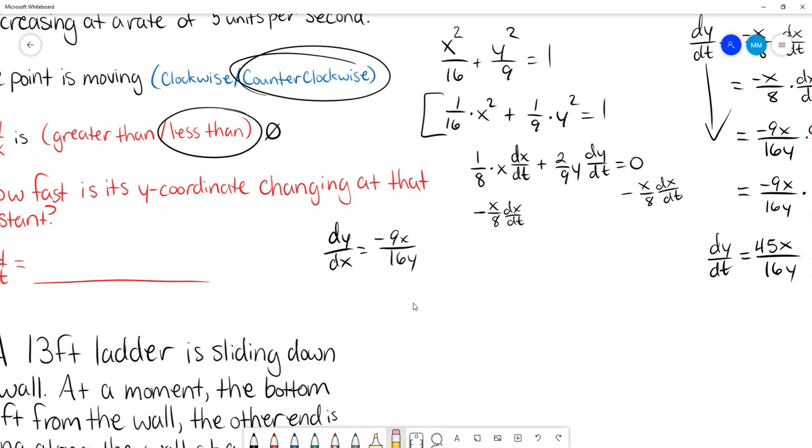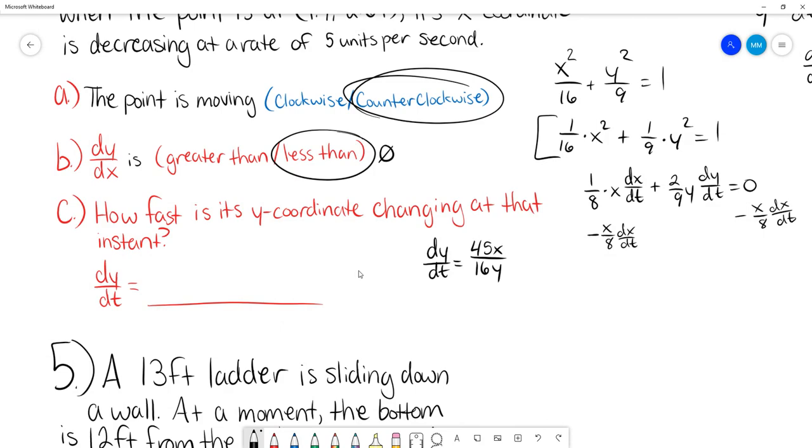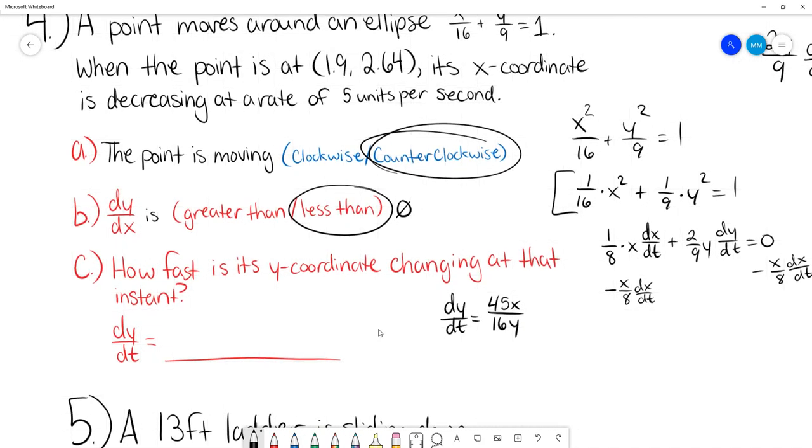So now the only trick is that it wants to know exactly how fast the y coordinate is changing at that point. And we did figure out what dy dt is, but we don't know what dy dt is at that point yet. So all we have to do to figure that out is take our x and y value that they gave us for that coordinate and plug it in.